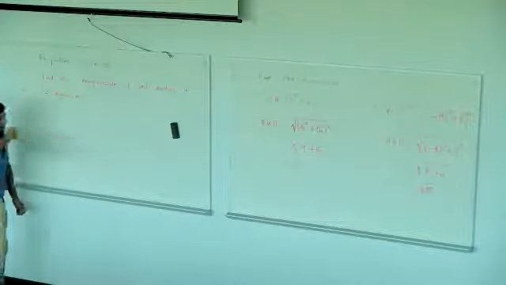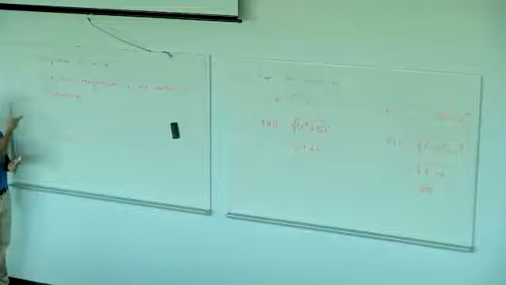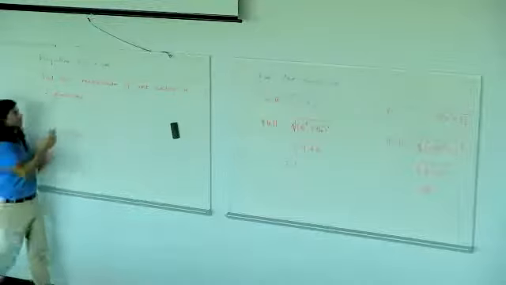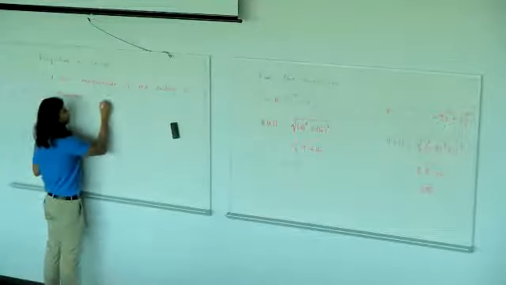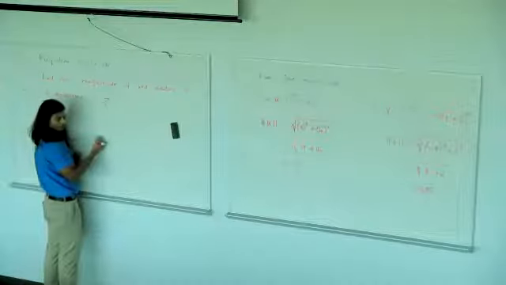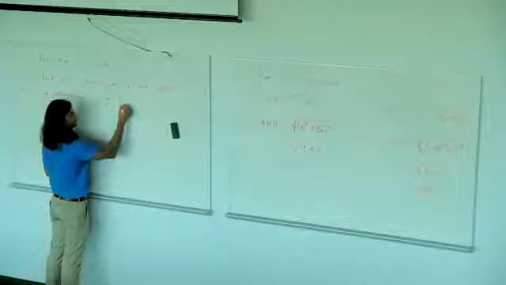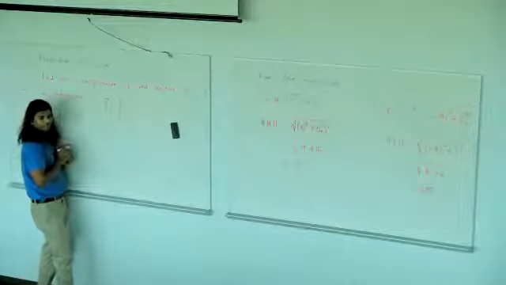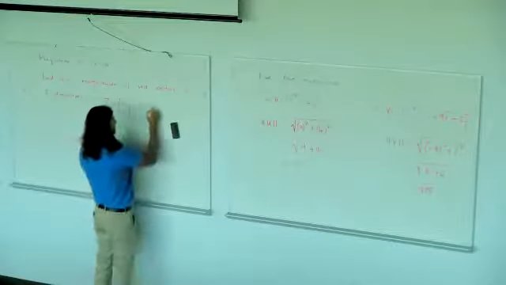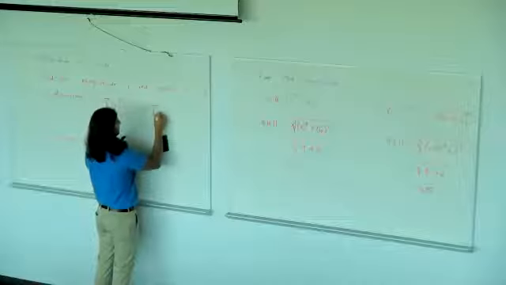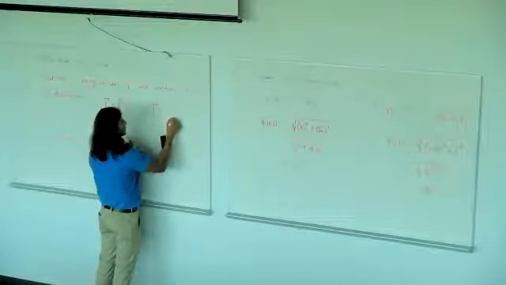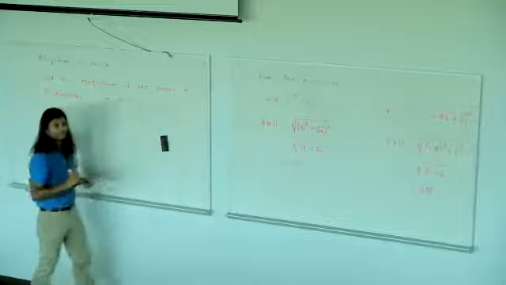So, first, what are the unit vectors in 2 dimensions? 1, 0 for vector I, 0, 1 for J. I vector would simply be 1, 0. Yes. J vector 0, 1. Good.